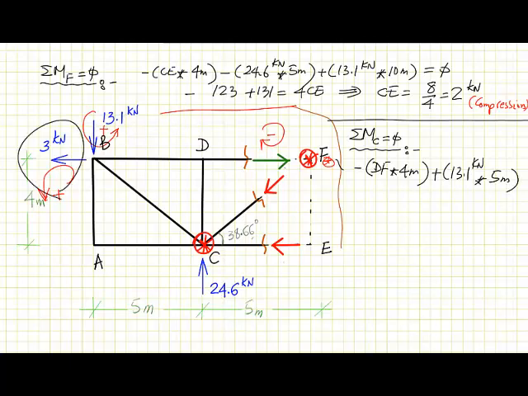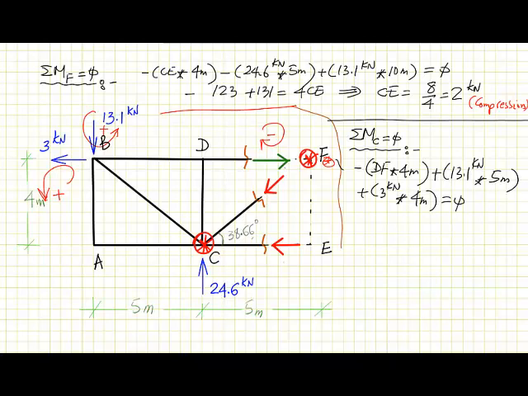And this is also positive, 3 kilonewton, so plus 3 kilonewton. The distance between the 3 kilonewton and C is equal to 4 meters, equal to 0.